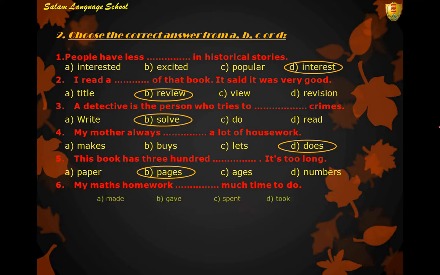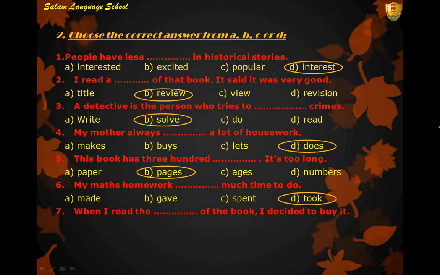Made, gave, spent, took. My math homework took much time to do. We said it means it takes time. Number 7. When I read the space of the book, I decided to buy it. When I read what? The title, address, page, cover.